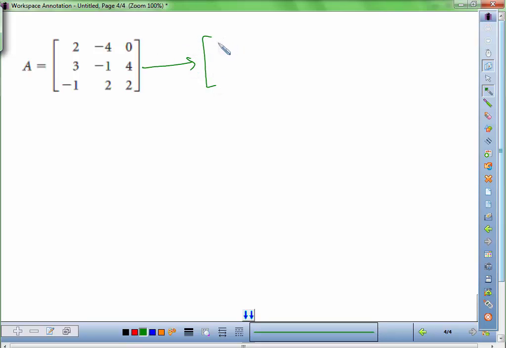So I'm going to keep the first row the same. Now my first step is to wipe out this 3. So I'm going to want to multiply this by -3/2.